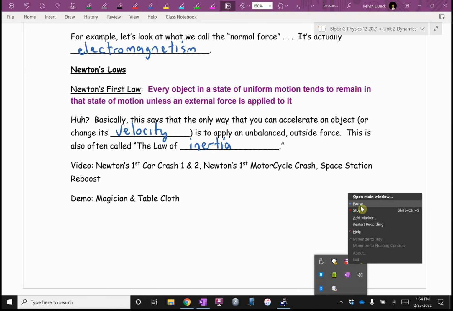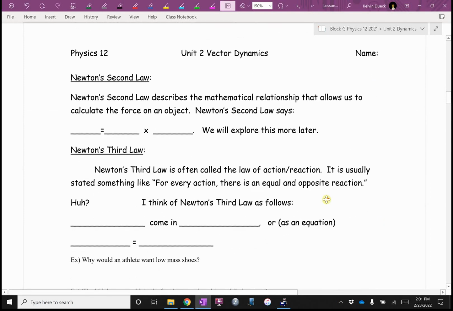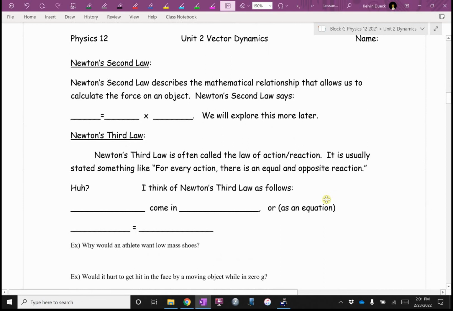Pause the video for a second. Newton's second law is the equation. F equals what? Yeah. Force equals mass times acceleration. By the way, Newton never wrote it this way. He was much more interested in something called impulse.